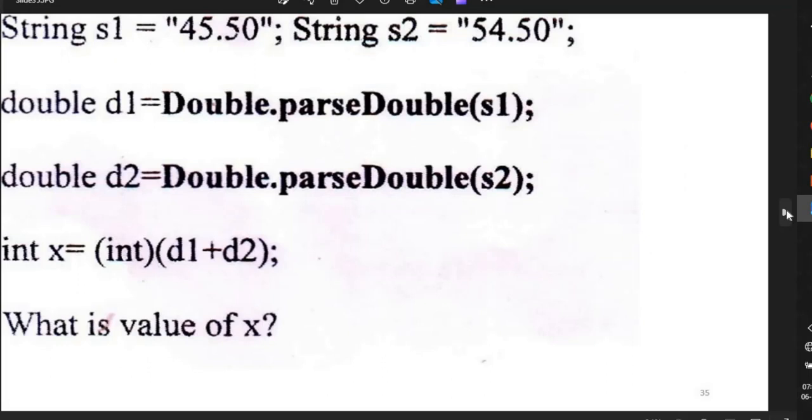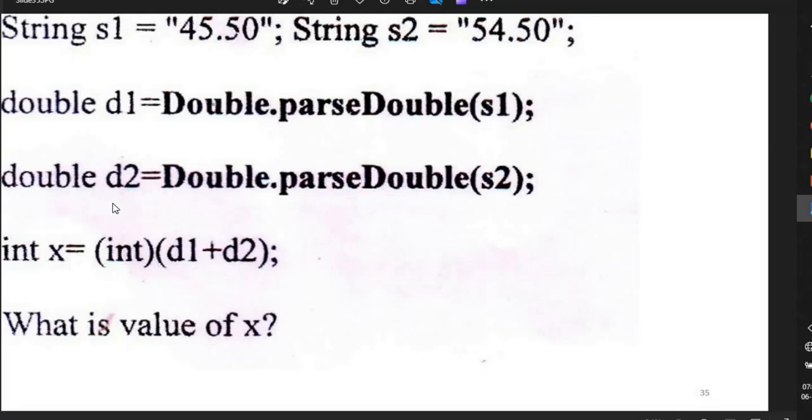Next question. The value of x is 100 because at first 45.50 and 54.50 both are strings, but after executing the parseDouble function, both are changed to double data type and stored into D1 and D2. Both are double data type.